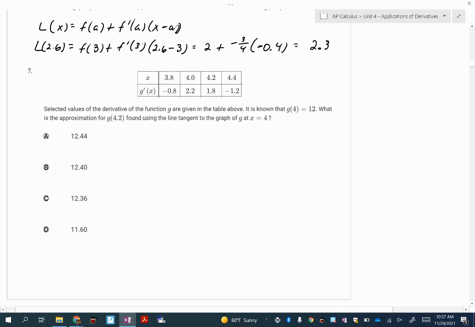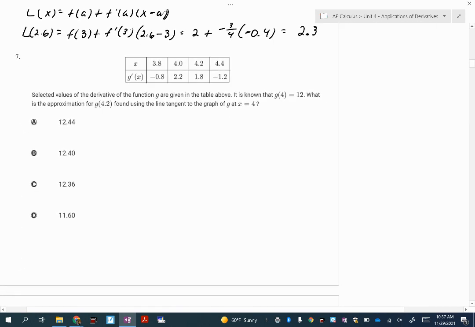Okay, let's try number 7. Number 7 says that we're trying to find the linear approximation for g of 4.2. So I'm going to do g of 4.2 equals g of 4.